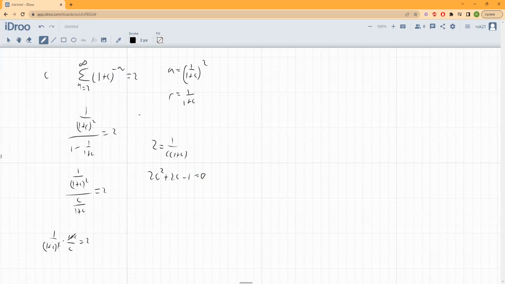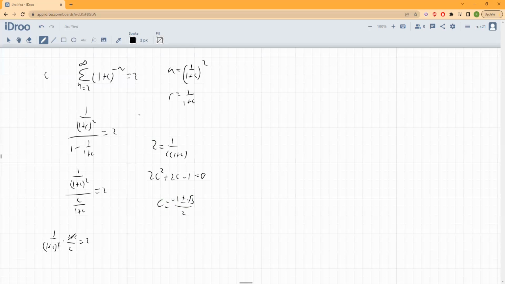If we solve this quadratic equation, we get that c is equal to negative 1 plus or minus root 3, over 2. Oh, sorry, let me write it down. So c is equal to negative 1 plus or minus root 3 over 2. So that's our c. Now we basically need to check which of these c's actually work in our equation.